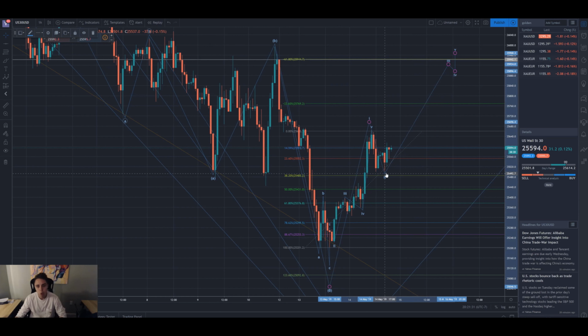This could be our 2, or again, this could just be the A and still forming the B. We could have a different B, a B that finishes a little higher, and then a C that finishes maybe even a little lower. Technically, it should finish around this level here, which is around the 618, which is very normal. Around the 618 is a common reversal point.